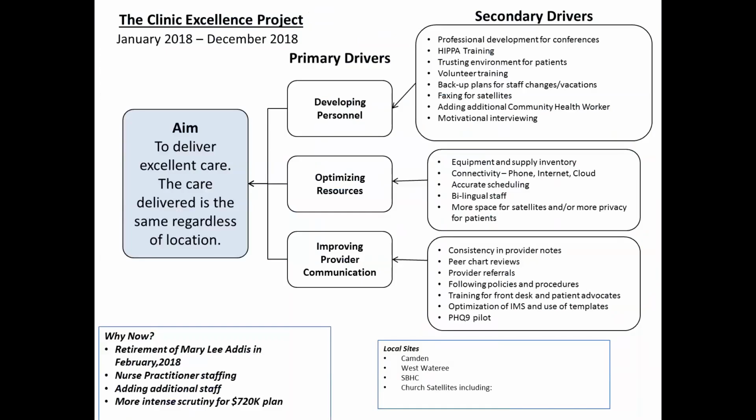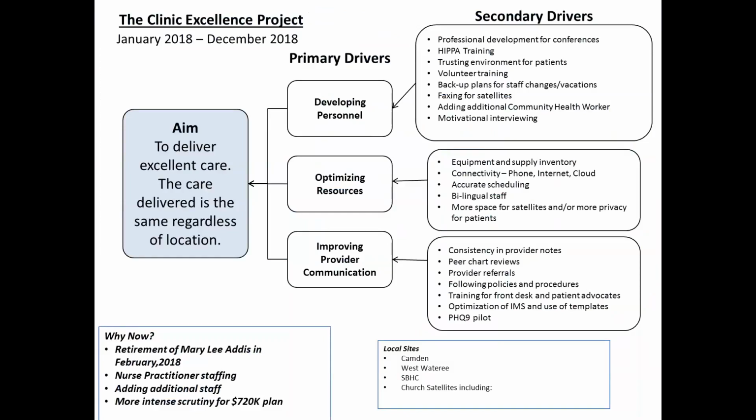And while we're doing that, just so you know, and I'm not going to go into any greater detail, we also have this ongoing clinic excellence project because we spread out pretty fast from one clinic to these 6 satellites, 5 of which are churches, and we really wanted to make sure that we were delivering the care everywhere. Having an electronic medical record, we had to make sure it worked everywhere, that we had connectivity, that we were able to document the same way.